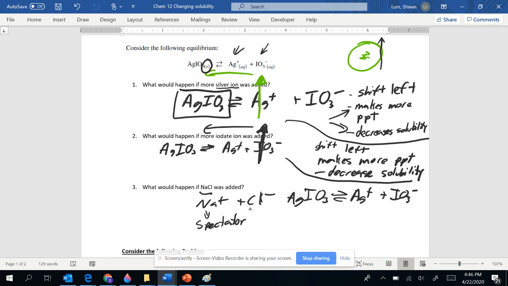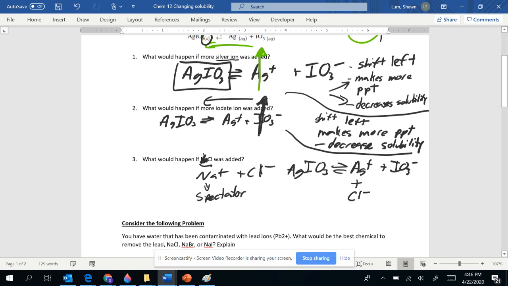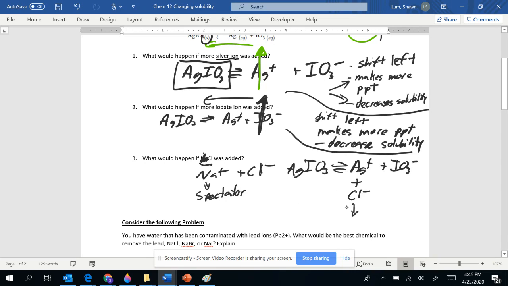Na is going to be doing nothing, so we can pretty much ignore it. Cl is going to be combining with this. This Ag plus is going to combine with this Cl minus, and it's going to turn into AgCl.